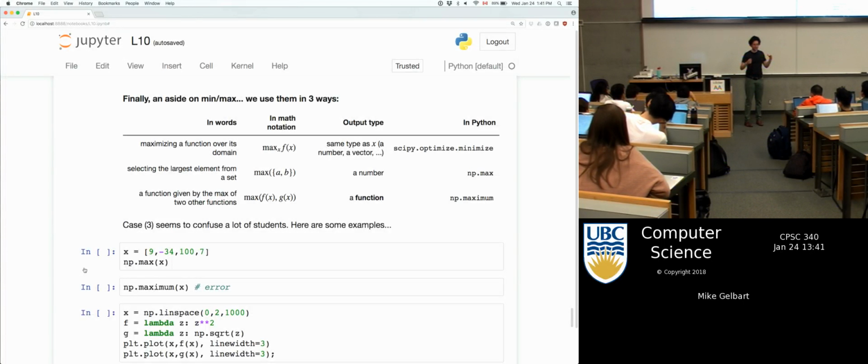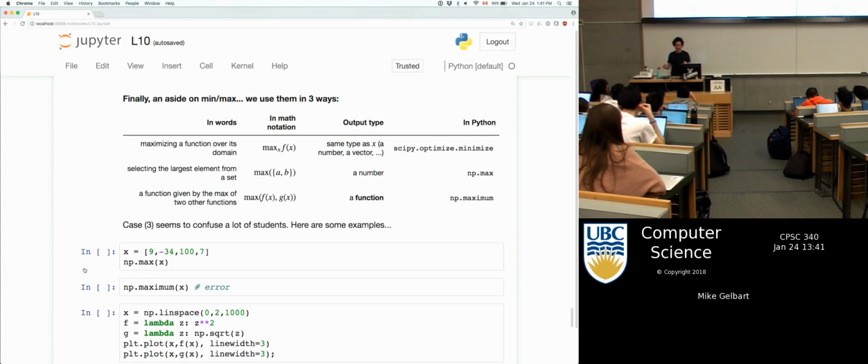That's what we were talking about all of today. And the output of that is either a number if you're looking for the maximum, or a vector or whatever the data type of x was if you're looking for the maximizer or minimizer.